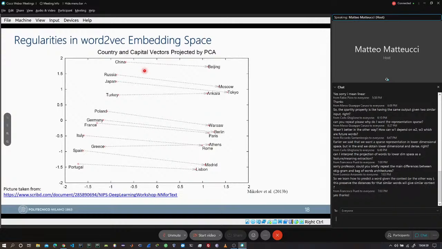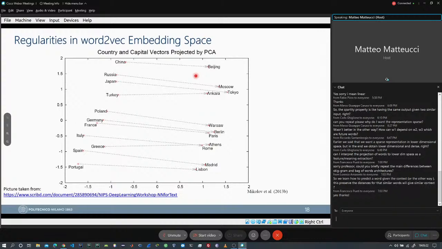But what is interesting is that obviously also the capitals of the countries are very similar. And usually there is a constant distance between a country and its capital, because this distance should not be too big first.